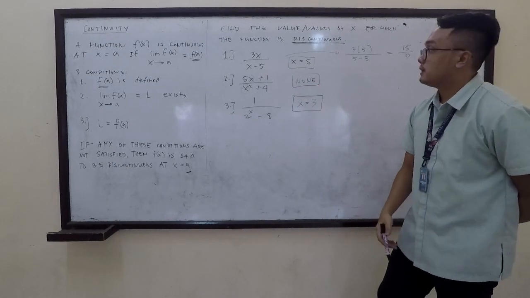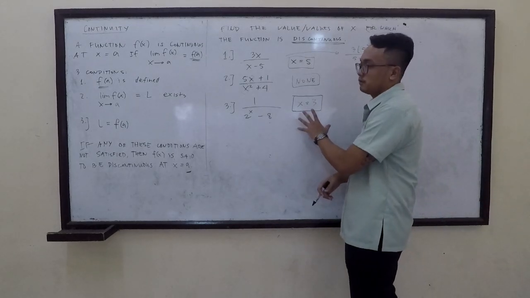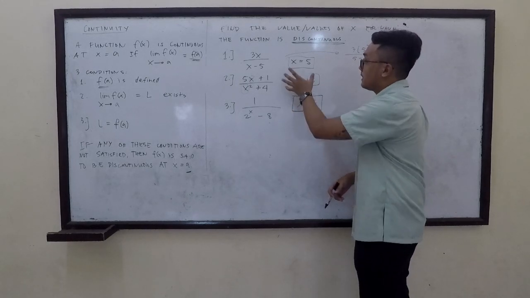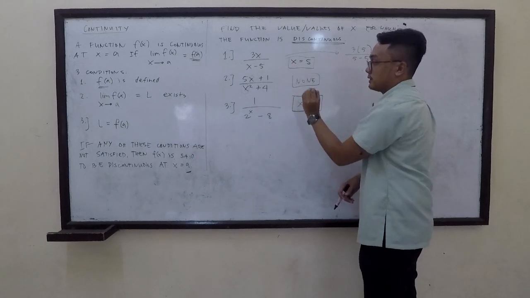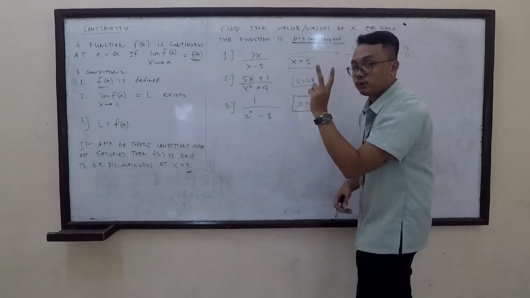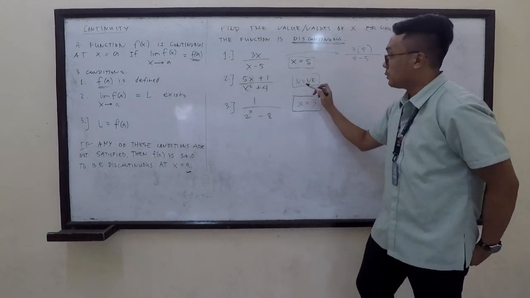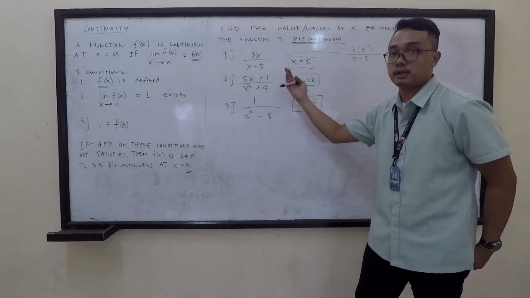So, murag mo na ang simple ways para makabalata kung saan ang values ang discontinuous o wala nilabay ang function. So, number 1, x equals to 5 because 5 minus 5 is 0 sa denominator. Number 2, none because always positive ang value nila whether negative o katibutan na x. So, negative niya squared man, so positive yun.